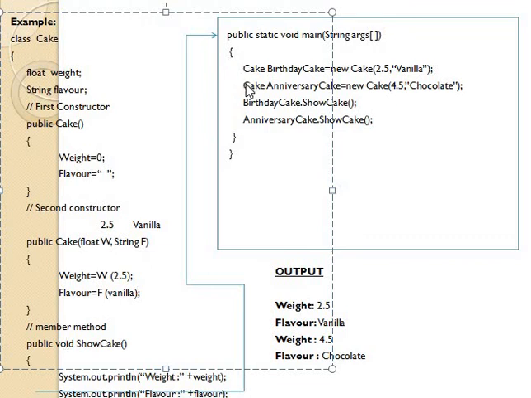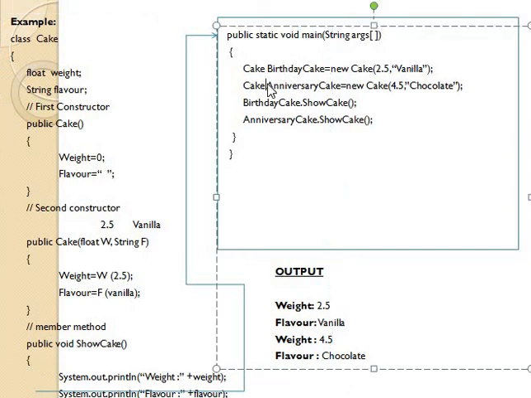Now again come to the second statement inside this main method. The second statement creates another object called anniversary cake, having two arguments, which are 4.5 and chocolate. So again, after the creation of this object called anniversary cake, the second constructor will be called, not the first one, because while creating this object you had two arguments, 4.5 and chocolate, and the second constructor also has two arguments, that is w and f. So it's matching.